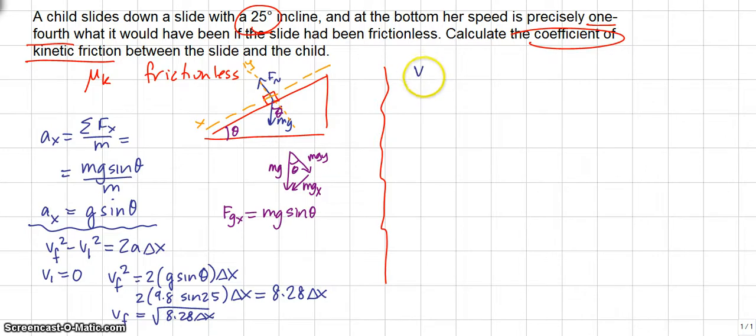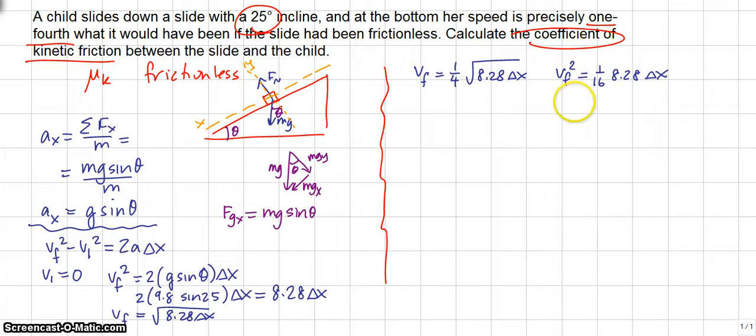So the speed at the bottom is 1/4 of the square root of 8.28 times delta x, or v final squared is equal to 1/16 of 8.28 delta x. So I divide 8.28 by 16, and I get that v final squared is 0.518 times delta x.